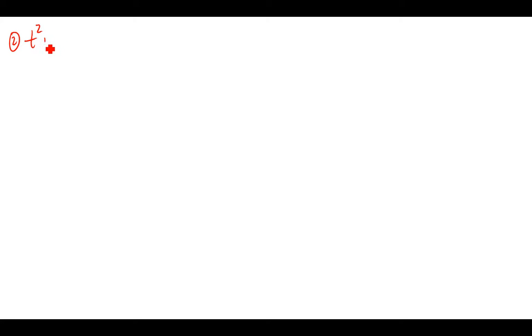So y double prime and y prime, and for y equals e to the negative 2t. Okay, so of course in order to do this, just like we did before, I need the homogeneous solutions.